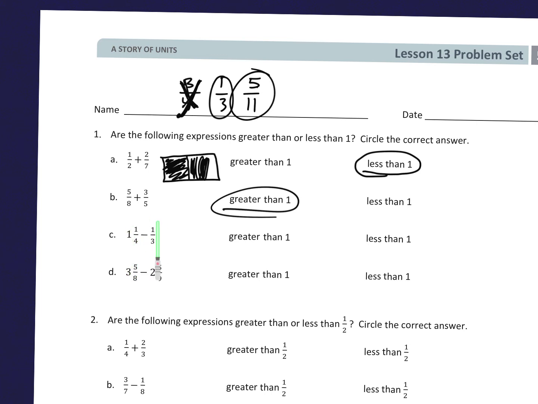Let's look at the 1/4 minus 1/3. And it's going to ask us if it's greater than 1 or less than 1, same as before. 1/4 minus 1/3. I basically have to ask myself, is 1/3 bigger than 1/4? Because if yes, it's going to make this all less than 1. Right? Because it's going to take away all of the change of this 1 and some more of that 1 until it's less than 1.